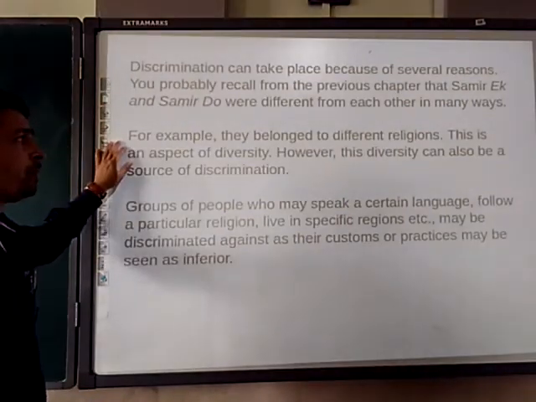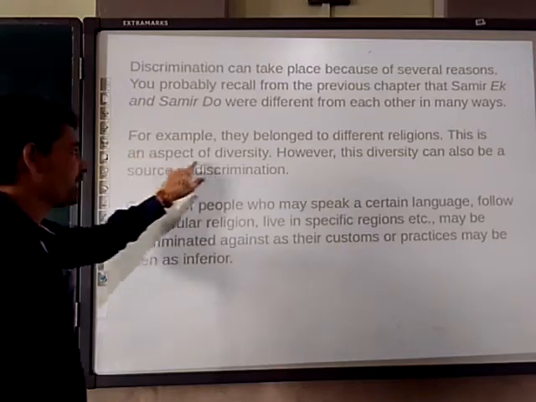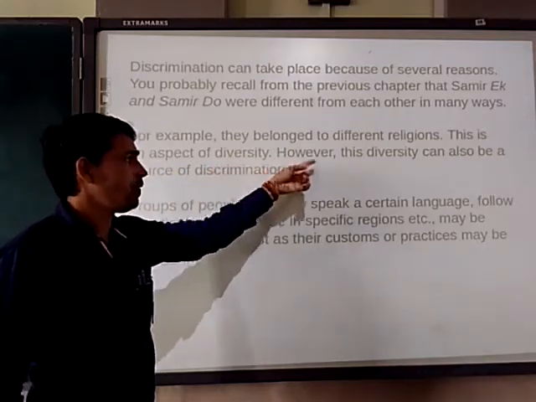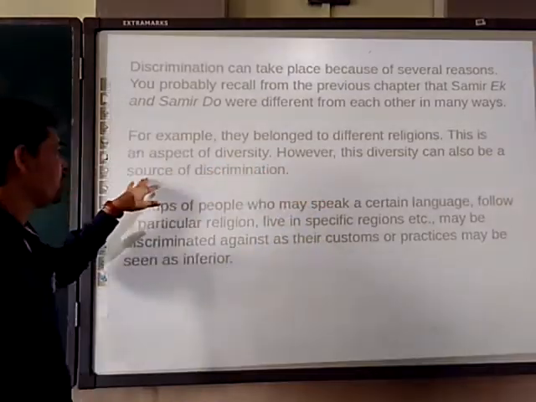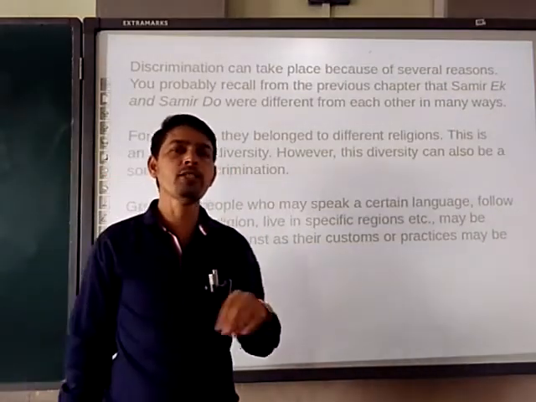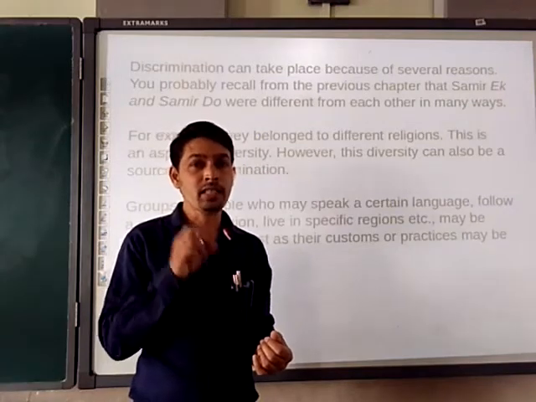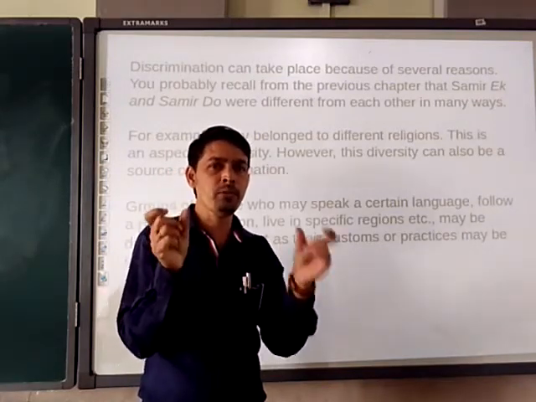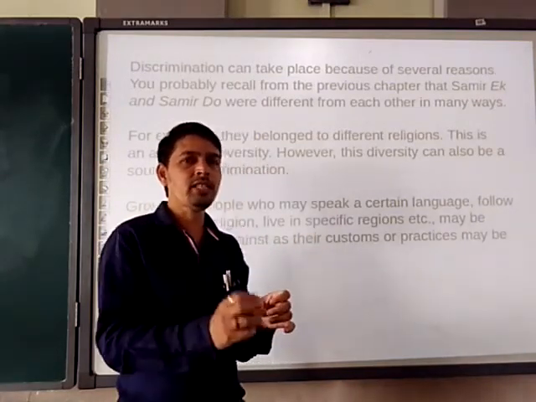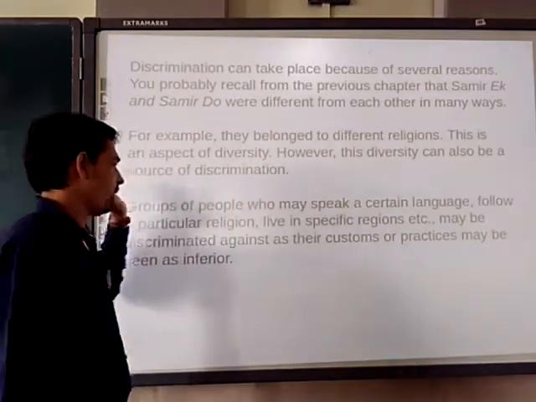For example, they belong to different religions. This is an aspect of diversity. However, this diversity can be a source of discrimination. Both belonged to different religions, Hindu and Muslim, and religion can be a source of discrimination. People can discriminate against both of them.